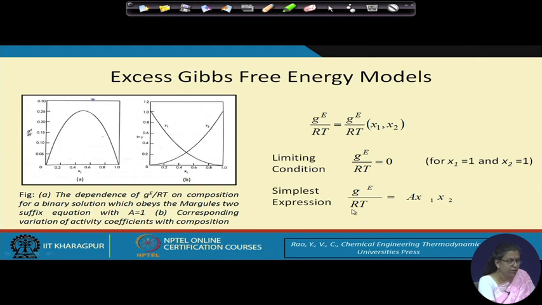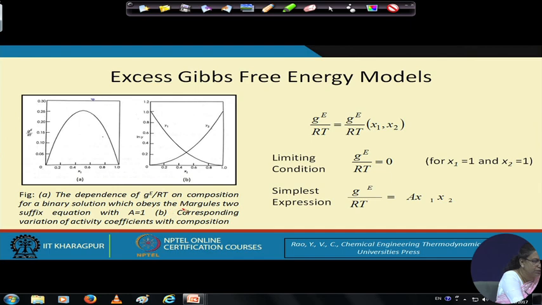And this equation, which is known as the 2 suffix Margules equation, is quite accurate, or adequate, to represent the behavior of liquid solutions when the components are of similar shape, similar size and similar nature.